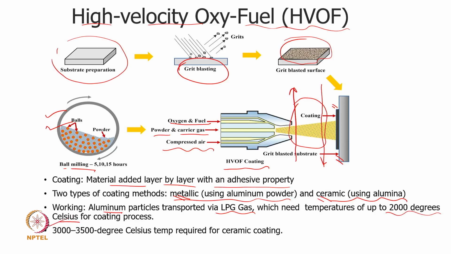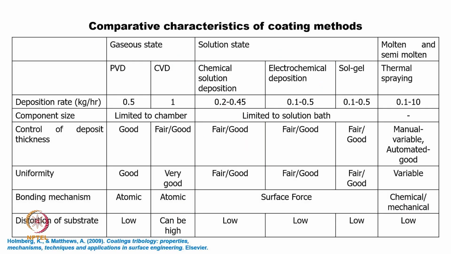However, the temperature can be increased to 3000 when we are going for ceramic coatings, which are high temperature coatings. So, if it is aluminum coating, we will go with 2000 degree centigrade. When we go for ceramic coating, alumina coating, we go with 3000 to 3500 degree centigrade, and this is what we have. Maybe if you get a chance, we can visit and demonstrate that.